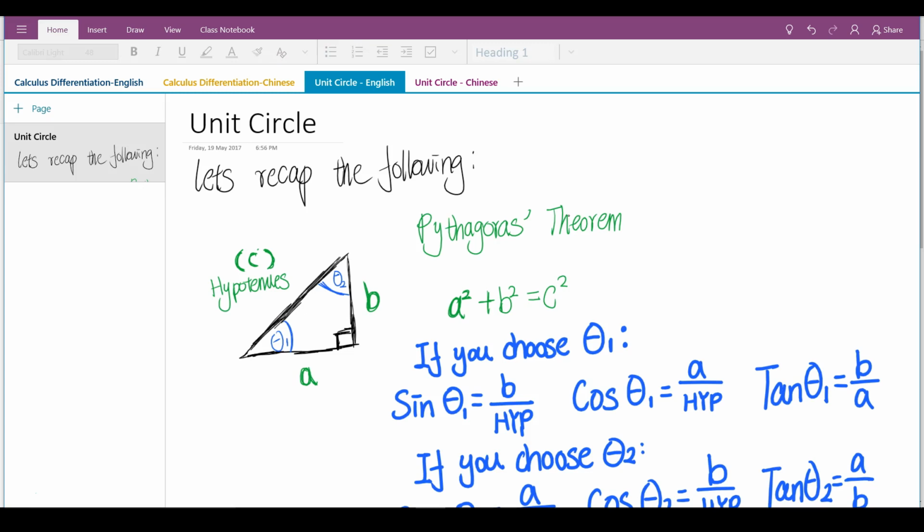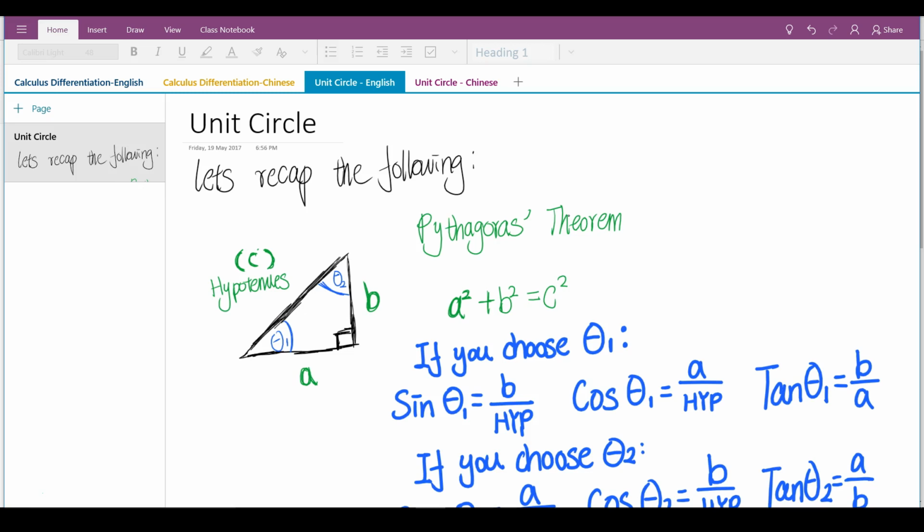In a triangle, other than the right angle, we should have two other angles, theta 1 and theta 2. The longest side of a right angle triangle is called the hypotenuse, and the other two will be called either adjacent or opposite.